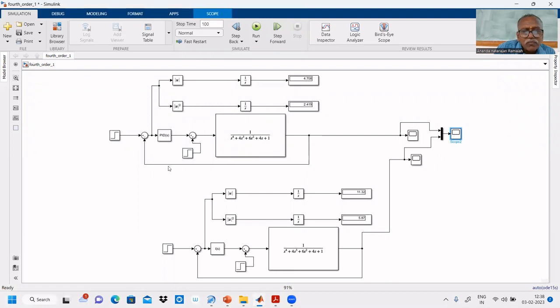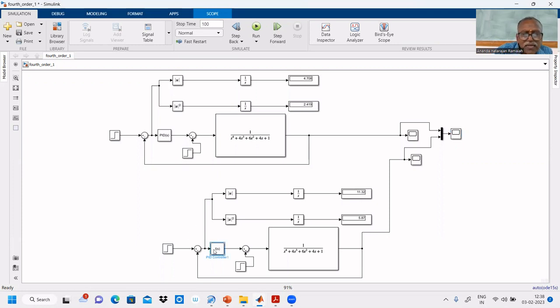Suppose in I mode, note down this ISA. ISA is 11 and ISE is 5.87. You note down.